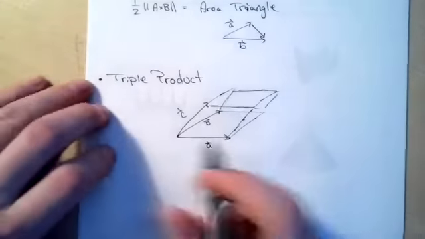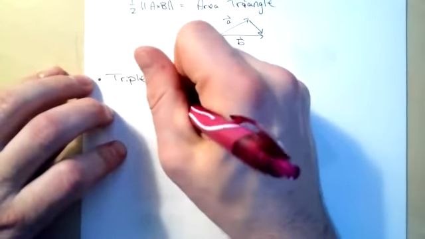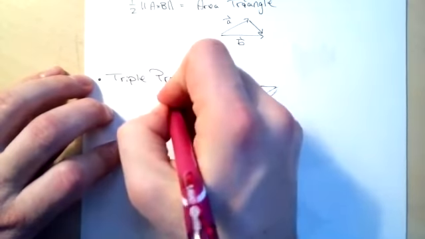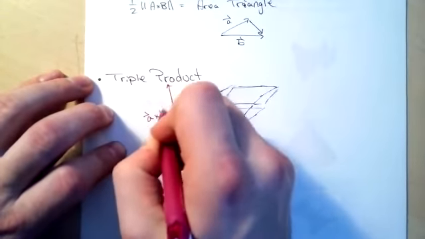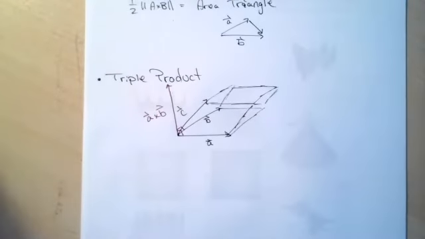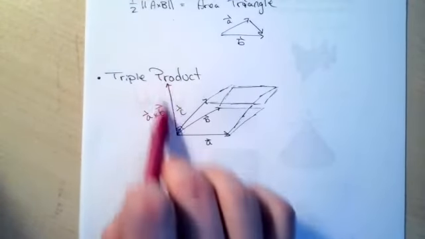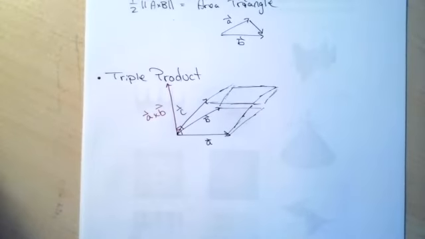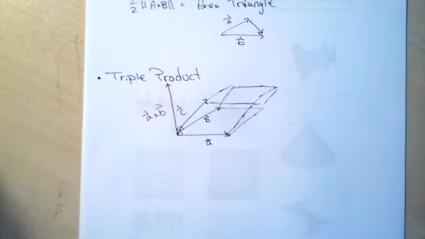Well, what's going to happen if we take A cross B? We know that A cross B is orthogonal to A and B and orthogonal to this plane and encodes that magnitude, the area of that. Well, how do we find the volume of a parallelepiped?